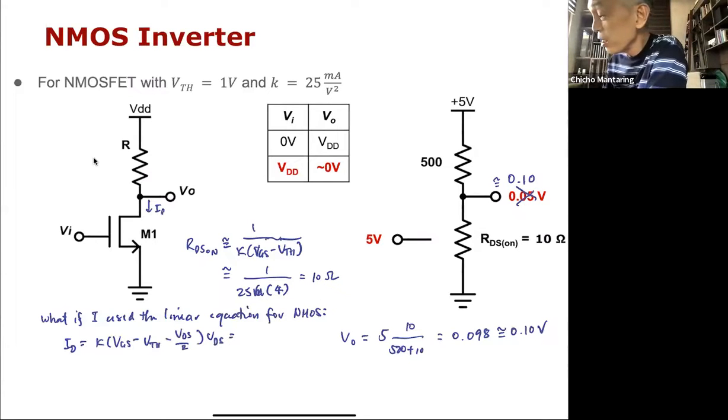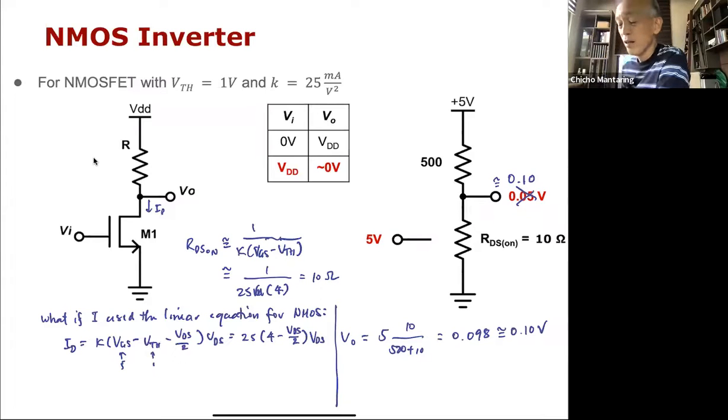K is 25m, VGS is 5, VTH is 1, so this is 4 minus VDS over 2, times VDS. Or this is 100 minus 12.5 VDS, times VDS.